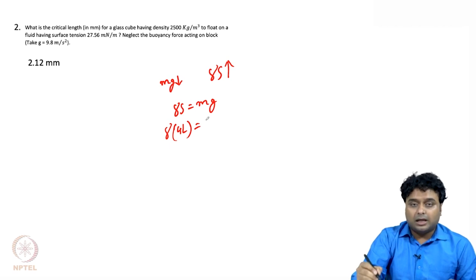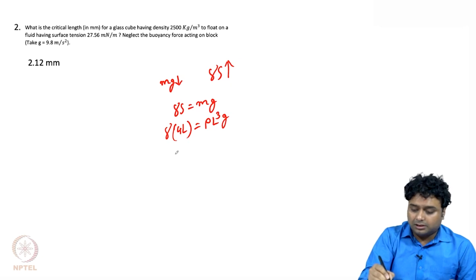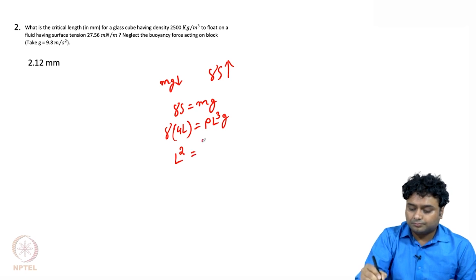M is equal to density into volume. So density is rho and volume is L cube for a block, so into g. If we put all the things together, then we will get L squared equals 4 gamma divided by rho into g, right?